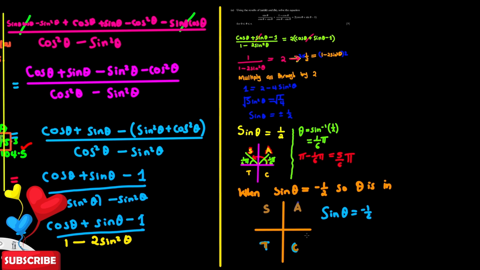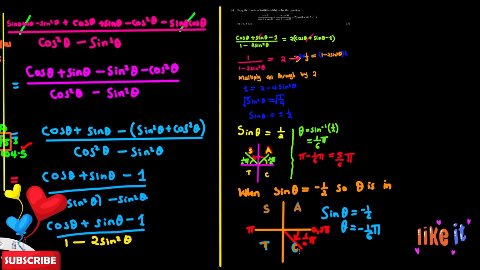We are going to work out the sine inverse of negative a half, and that is going to be negative 1 over 6 pi. So that means negative 1 over 6 pi means that angle is going to be measured in the clockwise direction. So that angle is going to be here below the x-axis. So we shall place it here. So that is where the angle is.